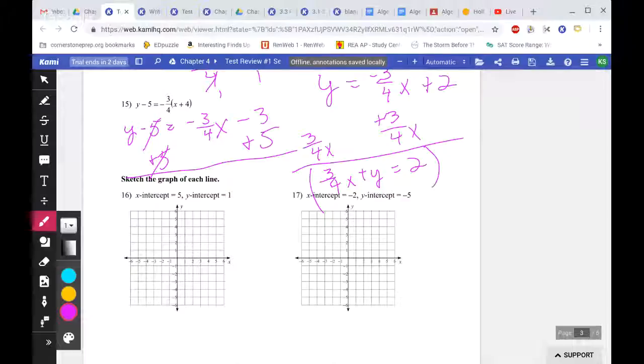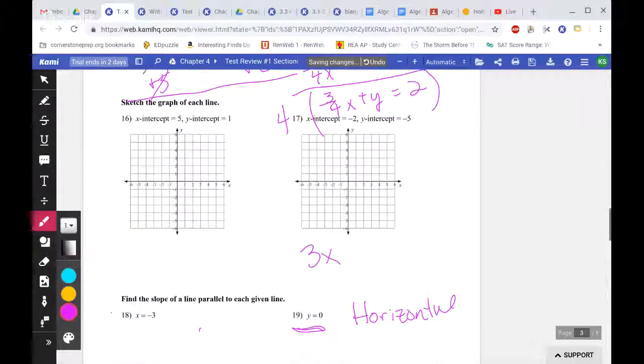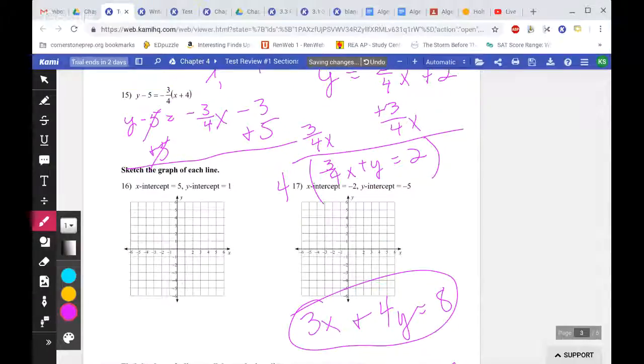So I would multiply this whole thing by 4. And then if I multiplied a 4 times 3 over 4, and I simplified before I multiplied, I would have a 3x plus 4y equals 8. All I did was get rid of that denominator by doing that. And I increased my y by 4 and increased my constant by 4 times. So that would be my final answer. Although if you left it here, Miss Sparks would be happy.